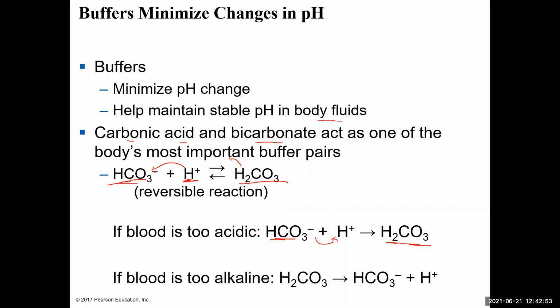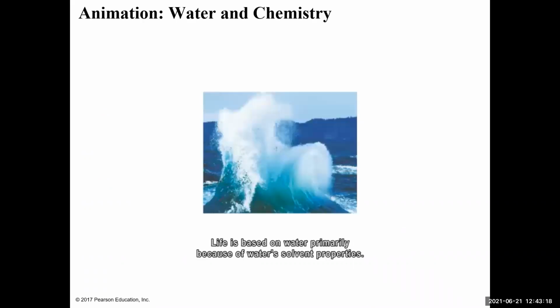And if it's too alkaline, carbonic acid is released, which dissociates, releasing a hydrogen ion and leaving bicarbonate as a product. Okay? So carbonic acid and bicarbonate are very important as buffers to help maintain homeostasis in our pH levels in our body. All right, so we'll finish this chapter and this video with a final animation that discusses properties of water.